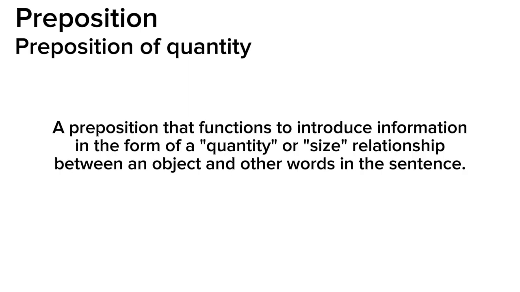The preposition of quantity is a preposition that functions to introduce information in the form of a quantity or size relationship between an object and other words in the sentence. For example, like for and by.